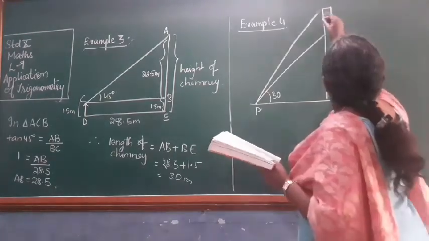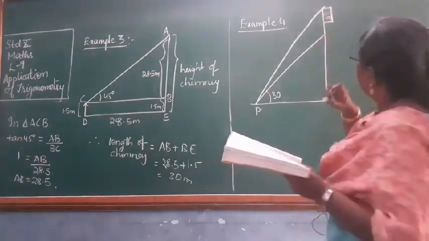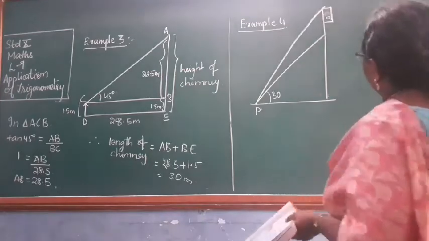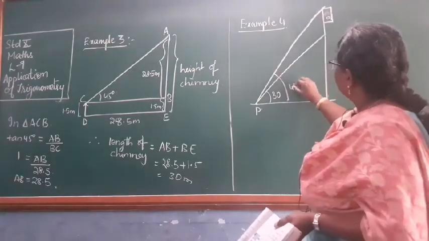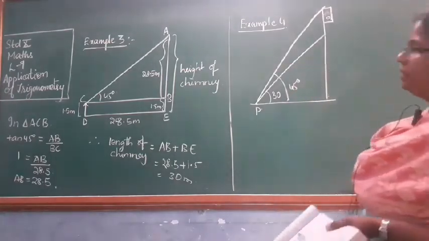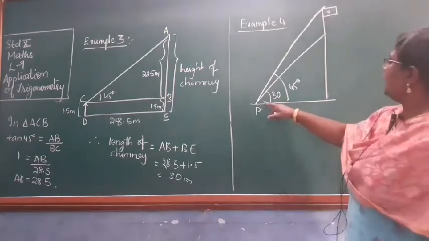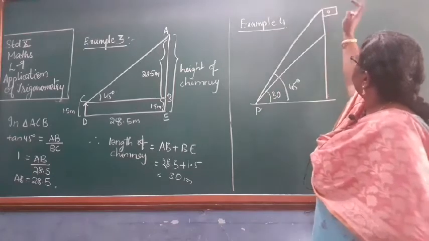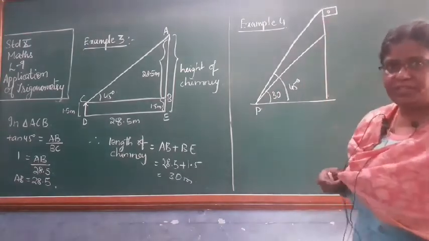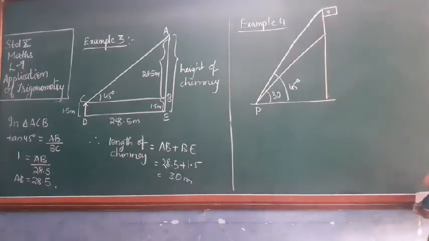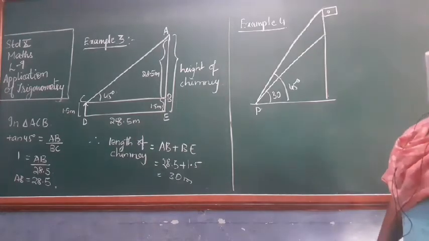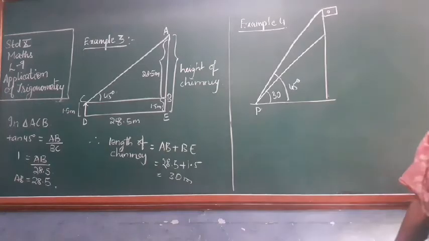So this is how you have your flag, and this angle is 45 degree. Follow? So the angle of elevation to the top of the flag is 45 degrees. Now you are asked to find the length of the flagstaff and the distance of the building from point P.